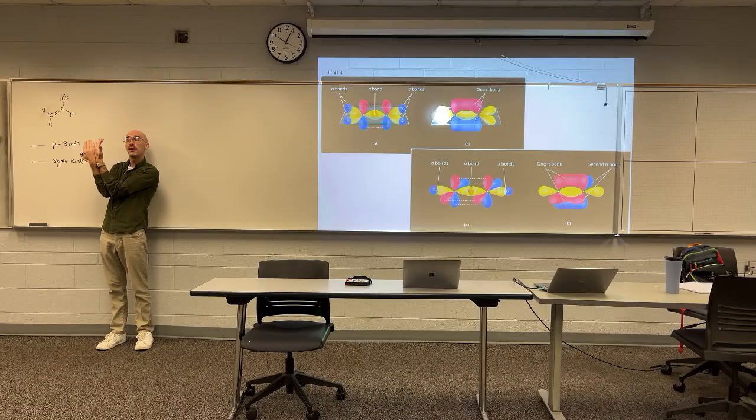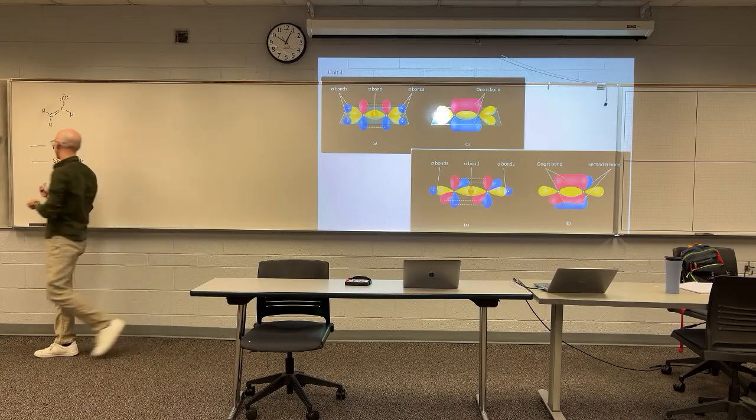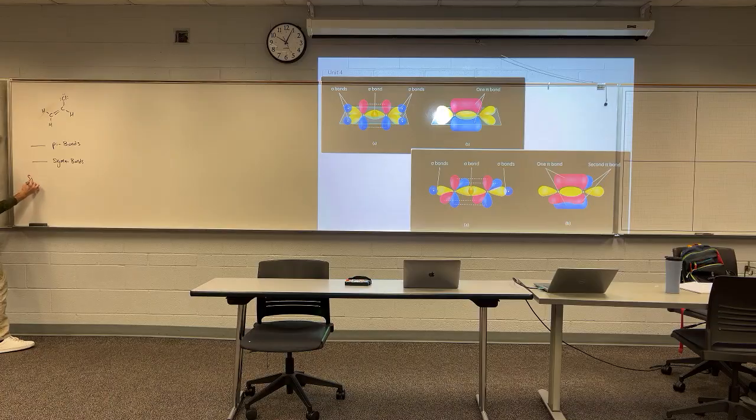overlap of p orbitals. And this was one thing I didn't get to clarify yesterday, but those sp hybridized atoms, they can make 2 pi bonds because they have 2 p orbitals that haven't been changed. They're still normal p orbitals that can do side-on overlap. Whereas sp2 atoms can only make 1 pi bond.